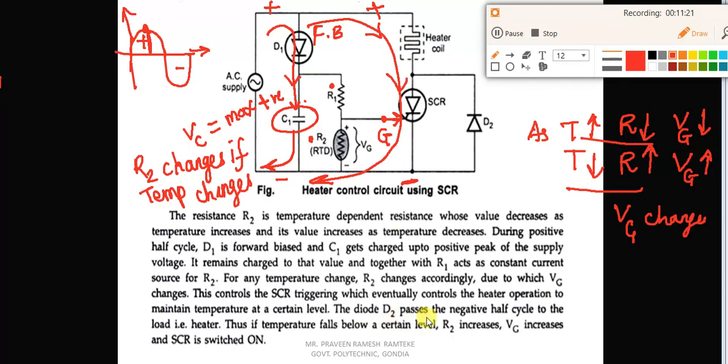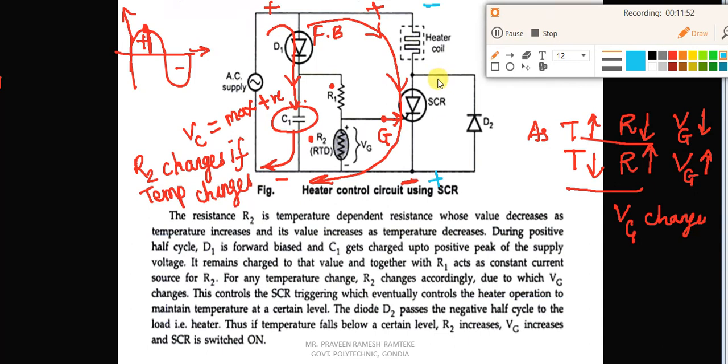The diode D2 passes the negative half cycle to the heater. So during the negative half cycle, the SCR is reverse biased, so it will not conduct.